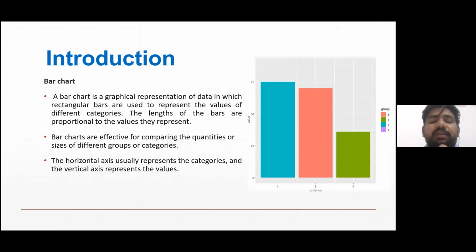A bar chart is effective for comparing the quantity or size of different groups or categories. The horizontal axis usually represents the categories, and the vertical axis represents the values. So I use the bar chart in my application to represent the volume.